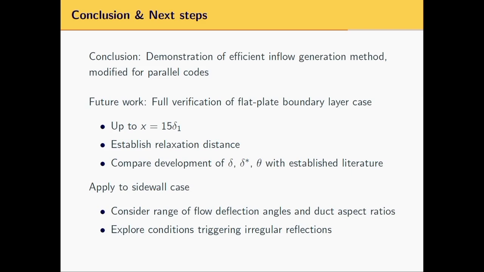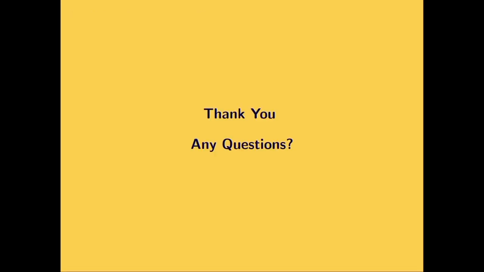Once we have that, we can apply it to the main scope of the PhD, which is looking at different flow deflection angles, different shock strengths, and various aspect ratios. We can then investigate the main hypothesis of the PhD. So I think that's all I have time for. Thank you.